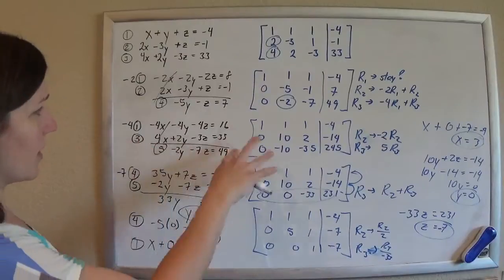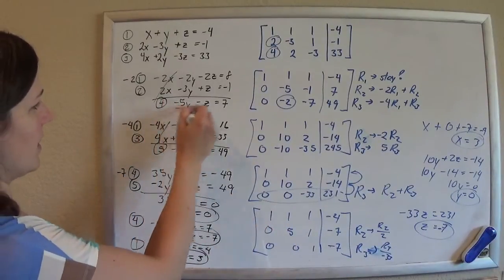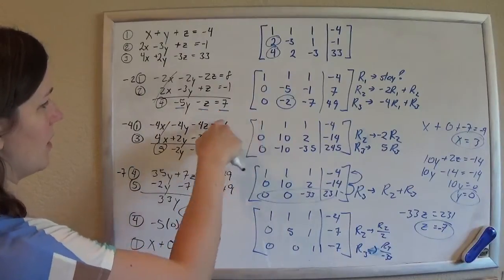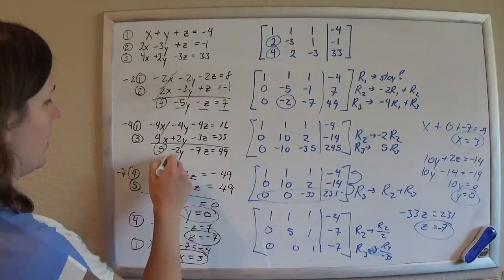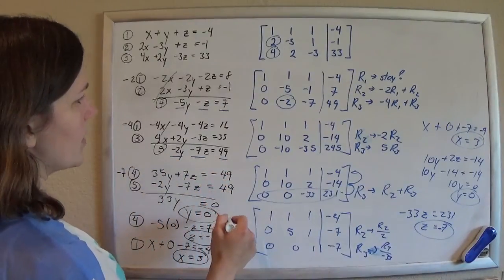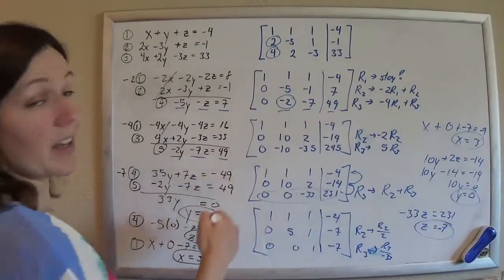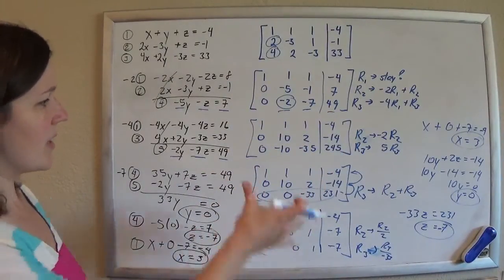And I get the same answers that I got when I did it before. I meant to be making a lot more parallels as I went. Notice that -5, -1, 7 is right there. And then the -2, -7, 49 is right there. And then everything is the same.